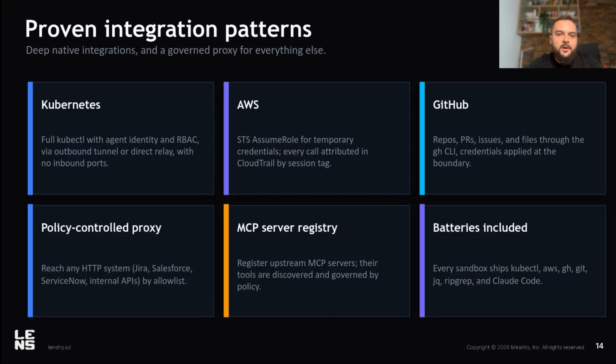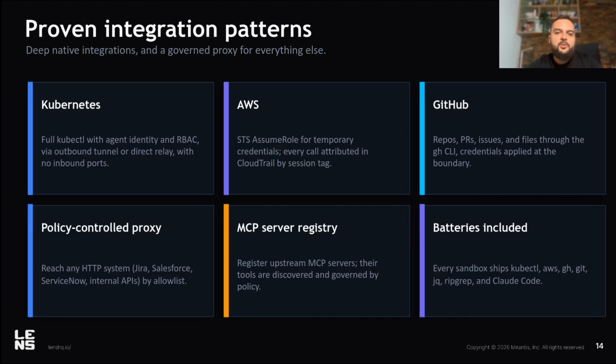We have deep integrations for Kubernetes, AWS, GitHub, and Slack, each with their own agent identity, role-based access control, and credentials applied at the boundary. We have a policy-controlled proxy that reaches any HTTP or HTTPS system by allow list. So you can easily connect to Jira, for example, Salesforce, ServiceNow, Backstage, internal APIs, whatever you need.